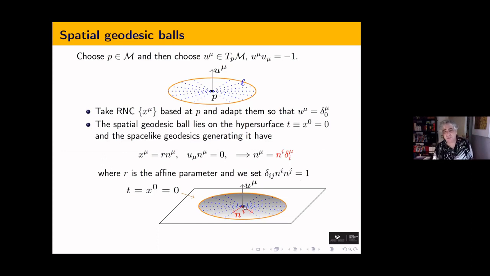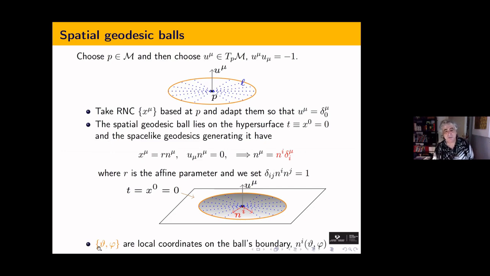Then what you get is something which we can represent here like a disk with a boundary, but in real space-time, it would be a ball with a boundary which is a two-sphere. And of course, the unit vector n at the point P can be described as a function of coordinates on the boundary.